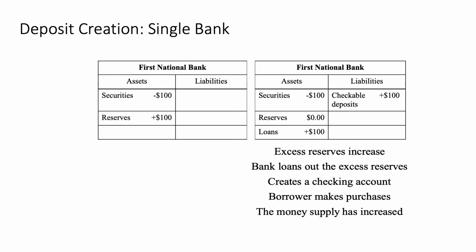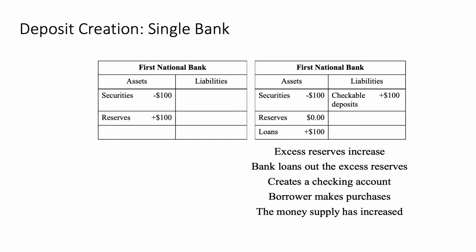And so First National Bank has made a $100 loan that goes out into the economy, gets used to purchase something, and then whoever sold the thing ends up depositing their revenue, the check, in the bank. And so we're just assuming a one bank economy here. And so now there's $100 worth of checkable deposits in First National Bank. And so the central bank's balance sheet balances out, First National Bank's balance sheet balances out, the entire system is solvent.